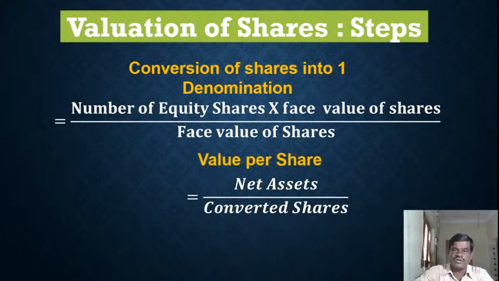The value per share is equal to net assets divided by converted shares. This is the formula to calculate the value per share under the conversion of different shares into one denomination.